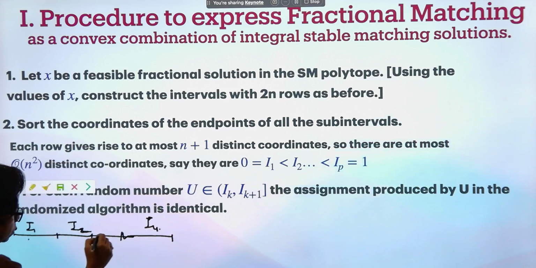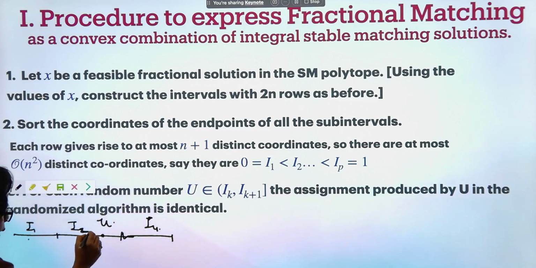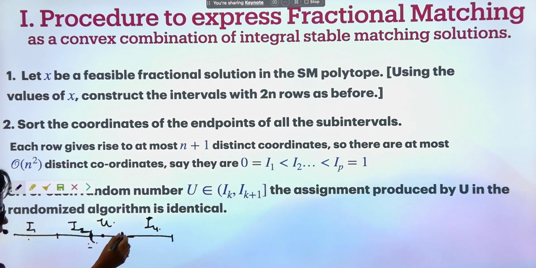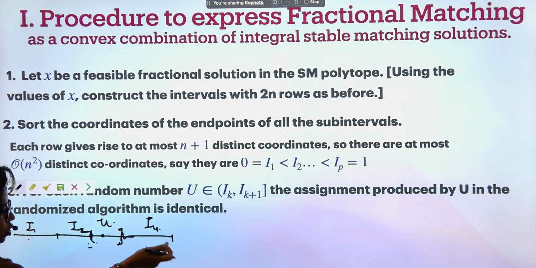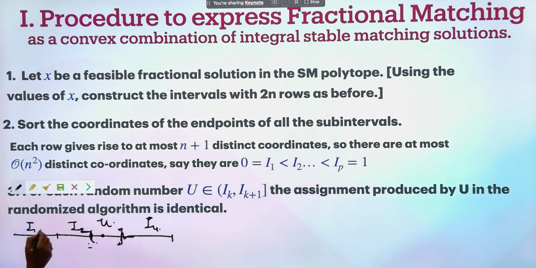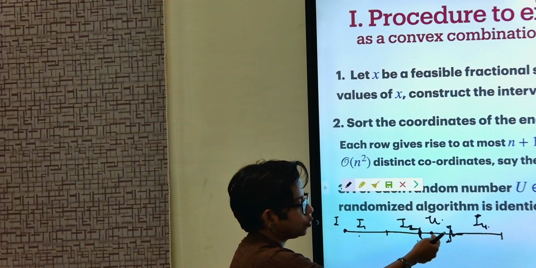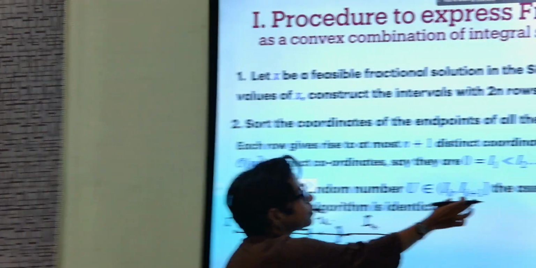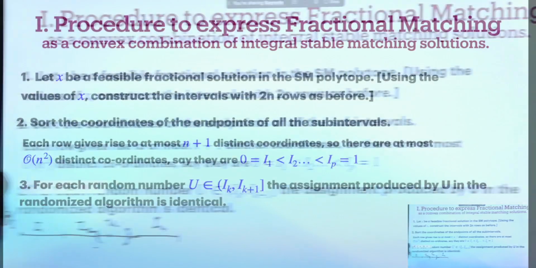If U falls here, U is basically ensconced between the rightmost endpoint of this interval and the leftmost endpoint of the next interval. That's what this means. Each interval is basically identified by its two endpoints, and therefore you can say that U lies in between a segment such as this.